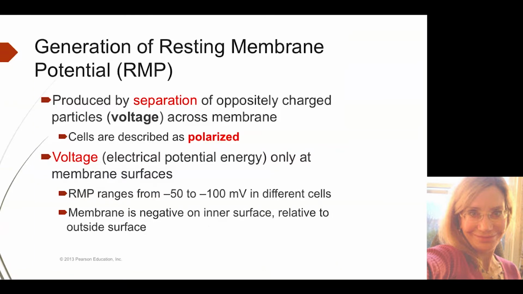Now, this is a discussion of the generation of the resting membrane potential. We are going to come to this in detail when we talk about muscles, and then near the end of the semester, we talk about the nervous system. Both muscle cells and neurons in the nervous system are considered excitable tissues. They will respond to a signal that's going to cause something to happen.